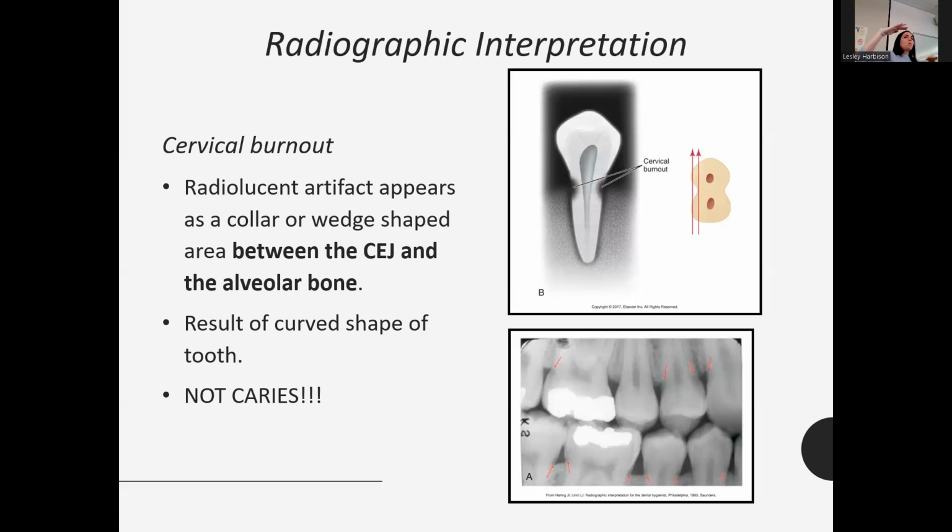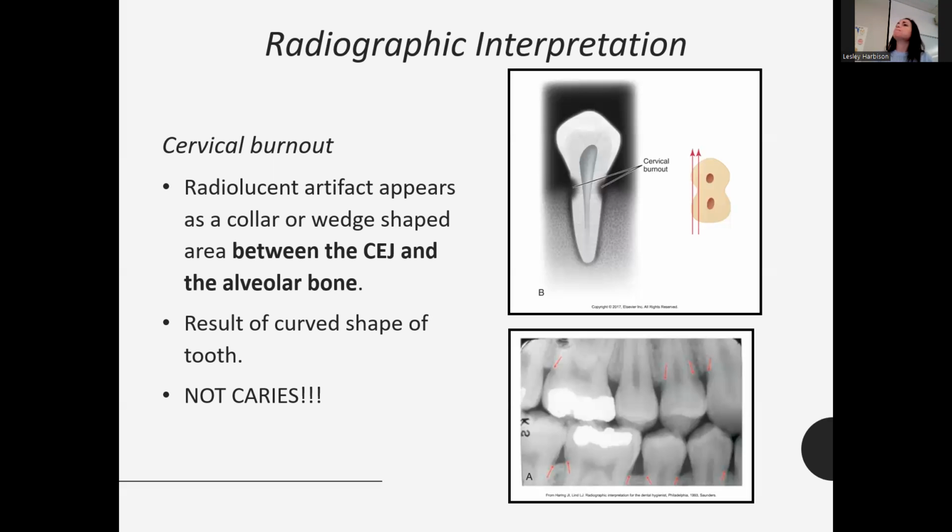In that little band of the tooth, the sides dip in, so that area is more radiolucent because there's technically less structure that you're radiographing.